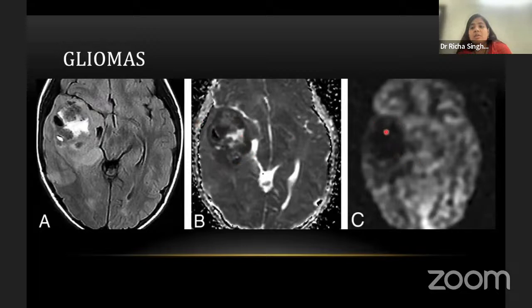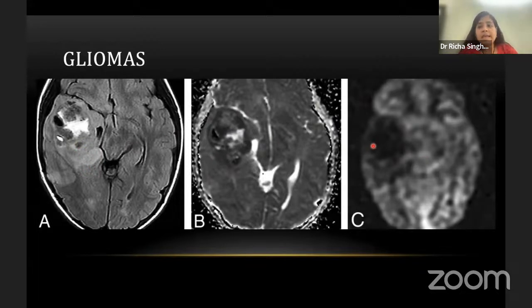But what we are seeing here on ASL, again, this lesion is not bright on ASL and is showing areas of hypointensity. So that means whatever aggressiveness the lesion is showing on the conventional MRI, the same thing is not replicated on the perfusion MRI. So this is also a feature of a high-grade pediatric tumor, a hemispheric high-grade pediatric tumor, which is H3G34 mutant, where the diffusion restriction will be there, necrosis and hemorrhage will be there, but perfusion and enhancement will not be there.